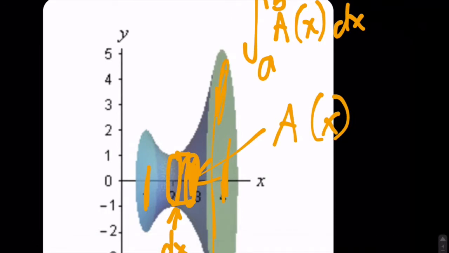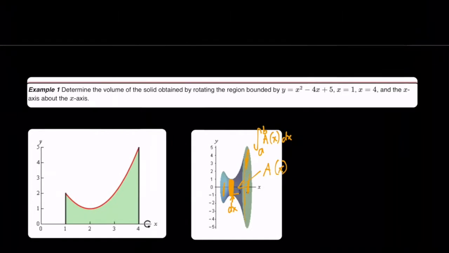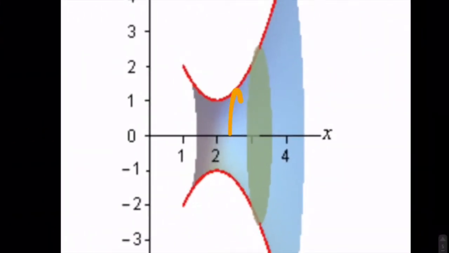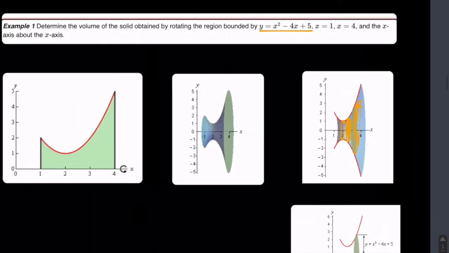And it should make sense, because as these cylinders get smaller and smaller, they get closer and closer to being a circle, or in this case, a disk, hence the name disk method, just like this. And as you sum up an infinite number of these infinitesimally small disks, it makes sense that you end up finding the volume of the figure.